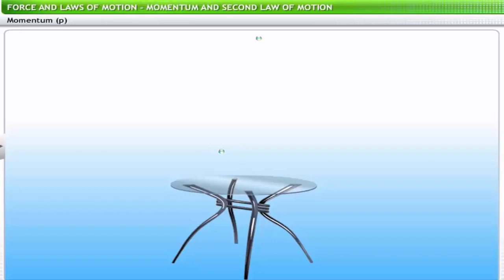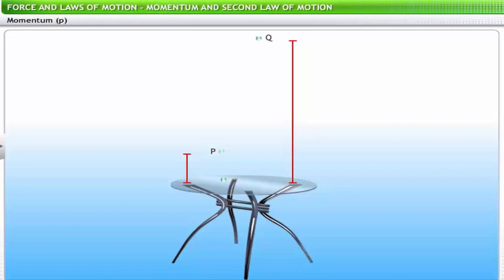Let's now look at another case where two identical marbles, say P and Q, are dropped onto a thin glass pane from different heights. First, we drop the marble P on a thin glass pane from a height of 1 meter. The marble P does not damage the glass pane.